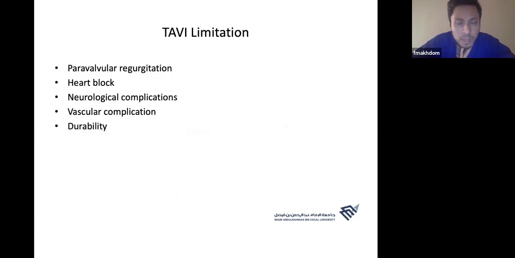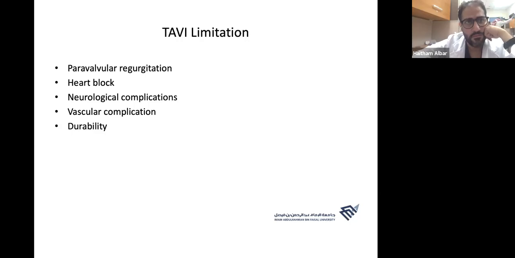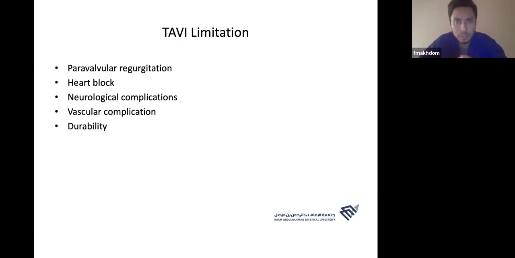Okay, so those are the pitfalls for TAVI. It becomes very obvious when you read the literature. I suggest that you read, for example, PARTNER 1A and B, and you read it with the US Pivotal trial and you compare it. This is one generation of valve.